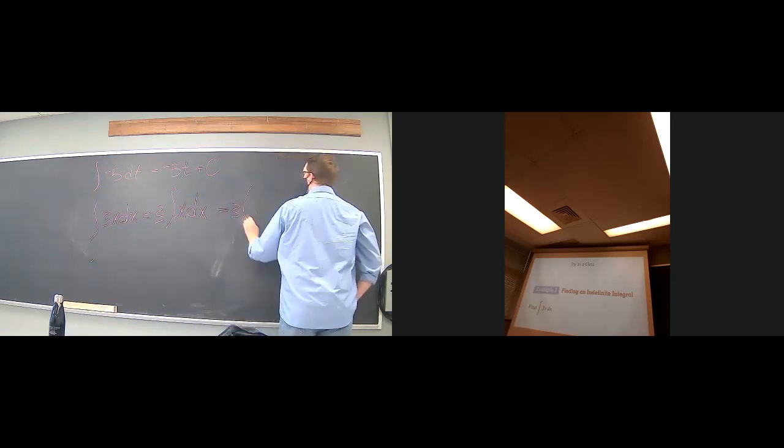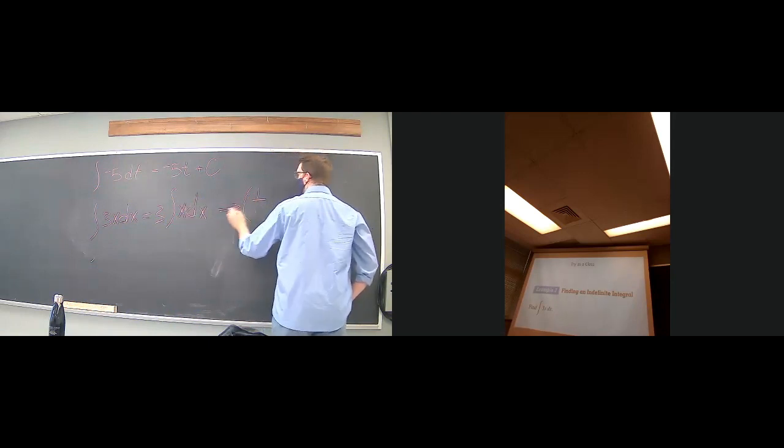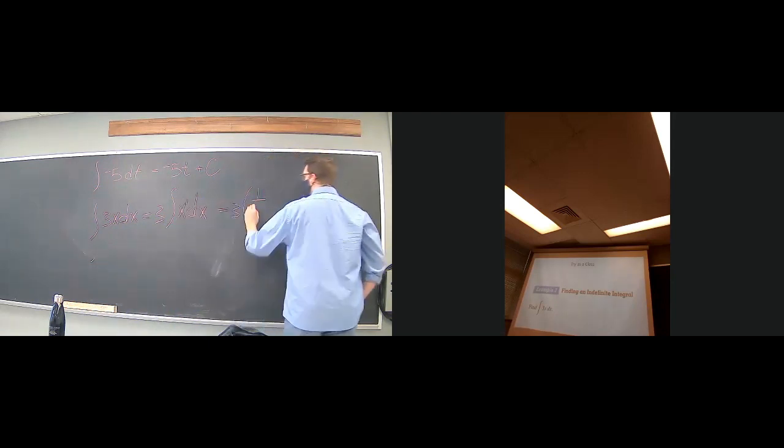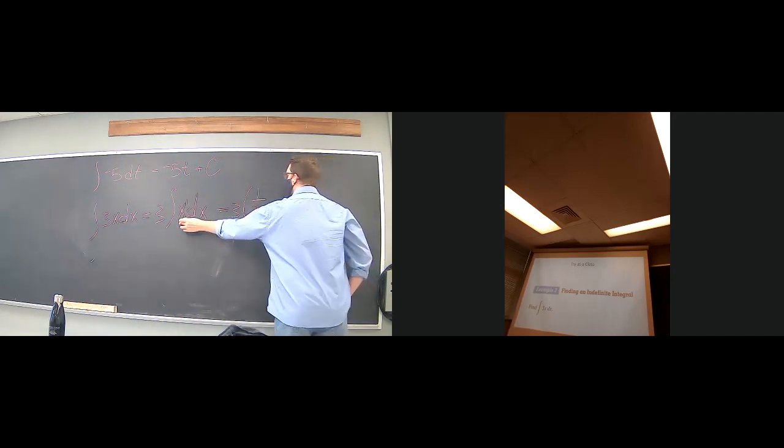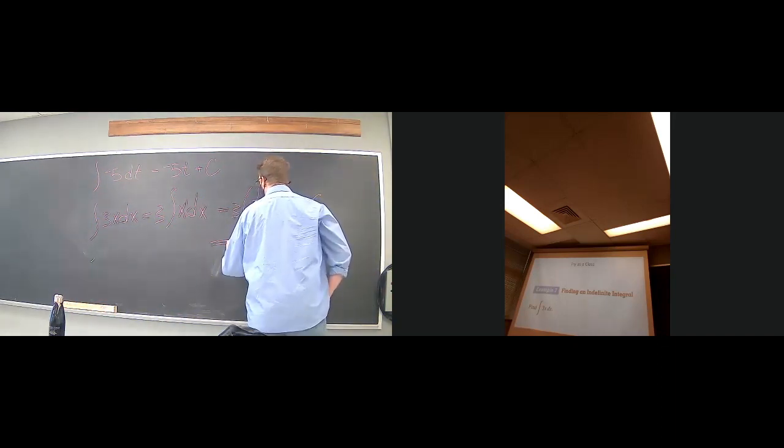We want to divide by n plus 1. N here is 1. We're going to have 3 times x raised to the n plus 1, which is 2, divided by 2 plus c. So this whole thing is going to come out to be 3 over 2 x squared plus c.